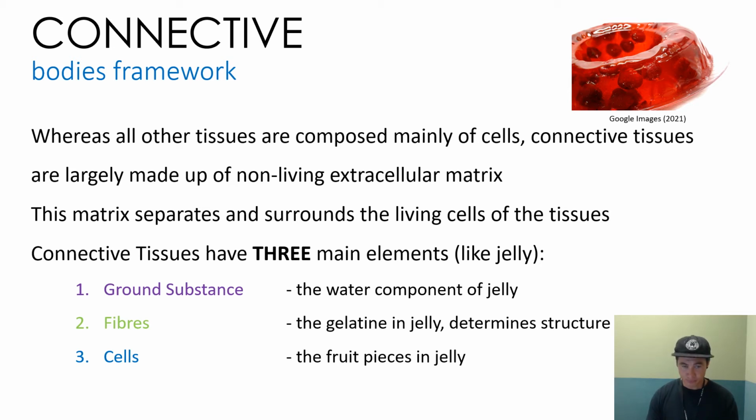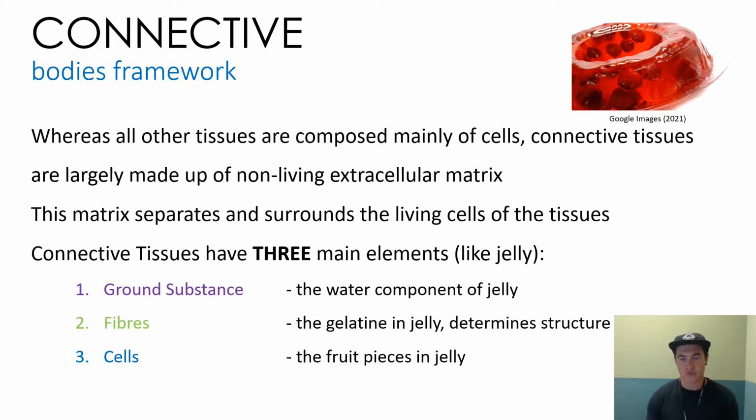So we've got the ground substance, which if you think about making jelly, you need water. You've got fibers in connective tissue. If we relate that to our jelly analogy, that's like the gelatin that gives that water some structure, and the more gelatin you have, the more solid it will be. The less gelatin you have, the more liquidy it will be. So fibers are similar.